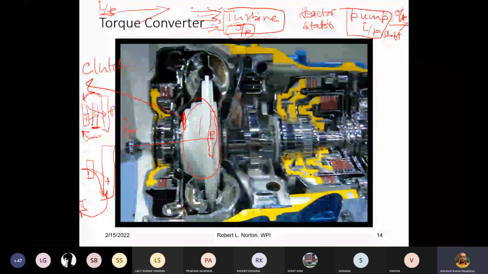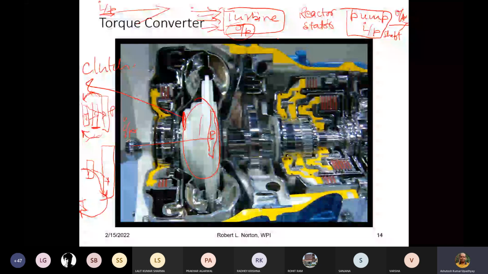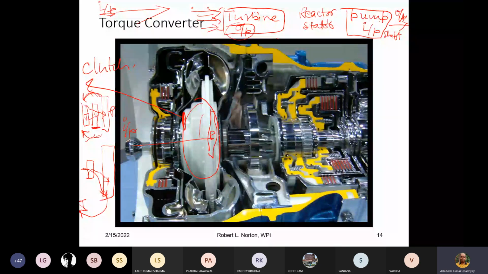This torque converter is nowadays in use in our automatic transmission system. It removes the requirement of the clutch pedal or even gear shifting, because based on the speed, you will get the changes in your speed accordingly. So this is the torque converter, and this is its purpose.